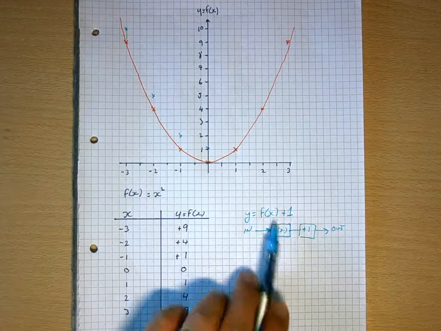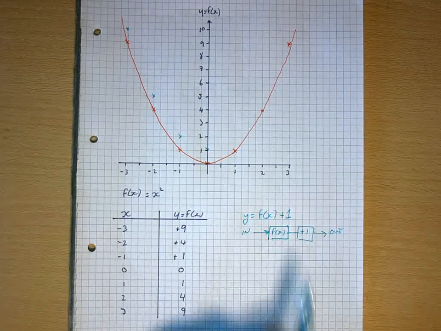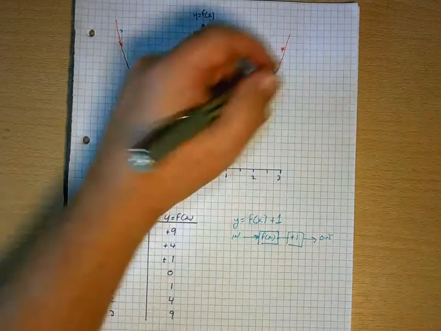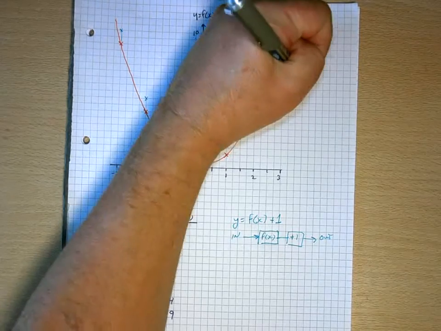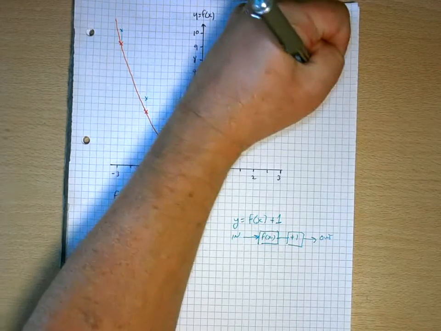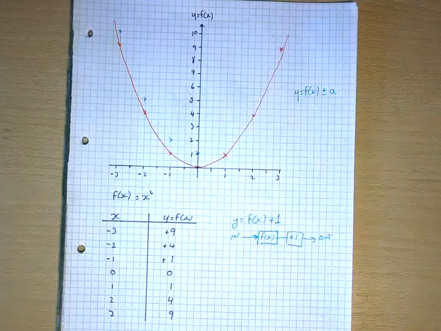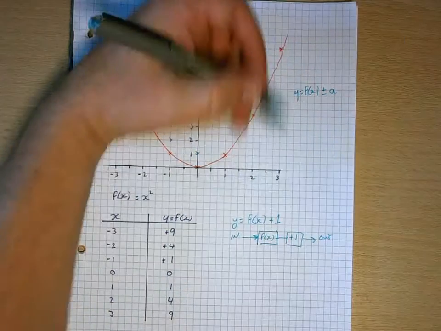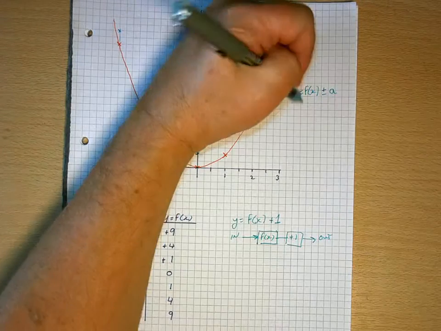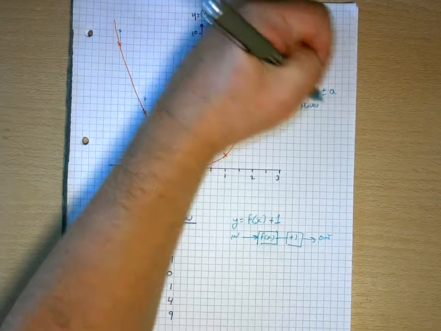So if you've got f(x) and then you're doing something with it, so if I generalize that up here, so if you've got y equals f(x) plus or minus some value a, then it's going to move up or down your y-axis.